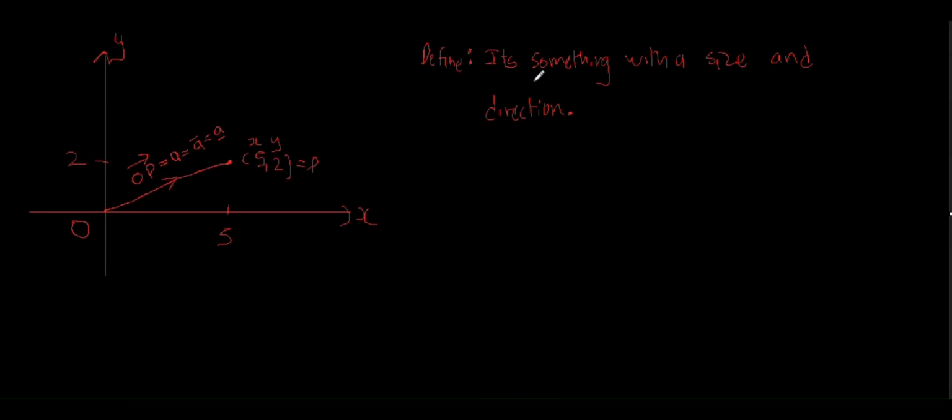This is the definition of a vector, because if you think about this point here, it would be some distance away from your reference, and it's at some orientation relative to this point.